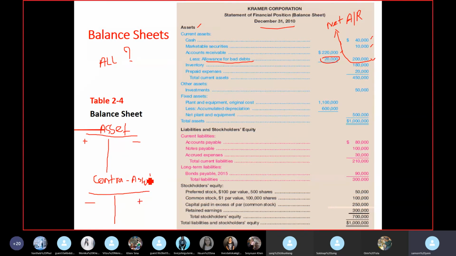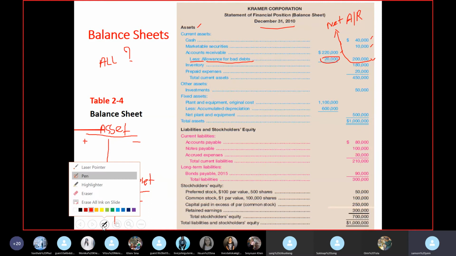But is this also an asset? When we record the transaction, we increase the right side and decrease the left side. This is why it is less. This is one point: allowance for bad debt is a contra account, a provision account.